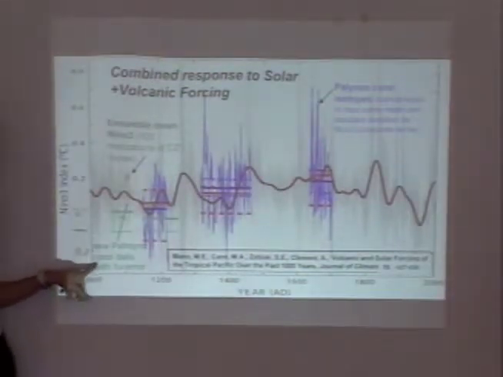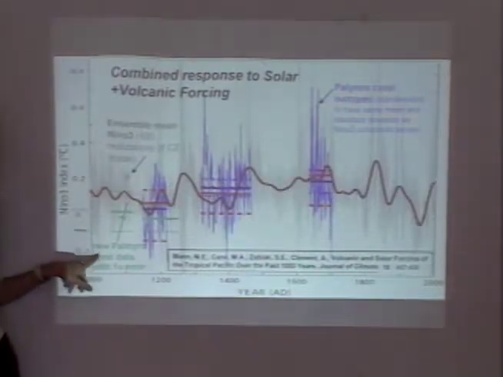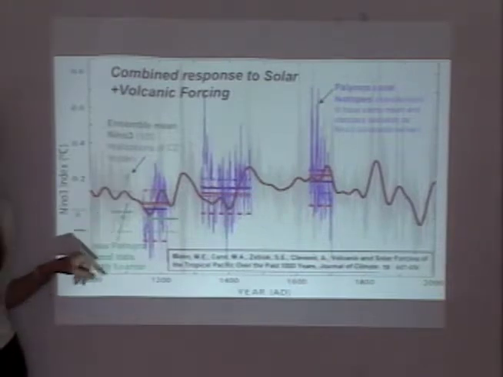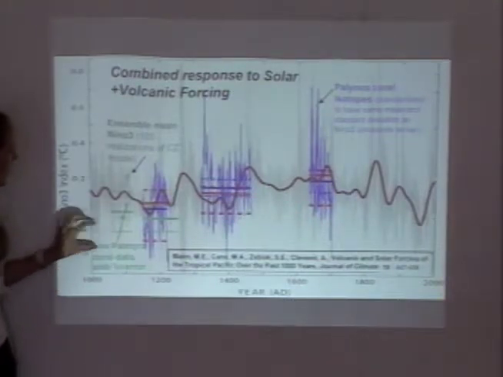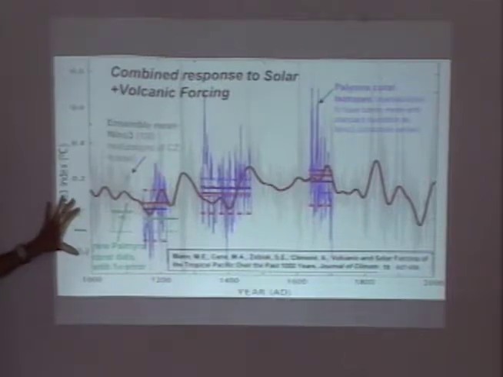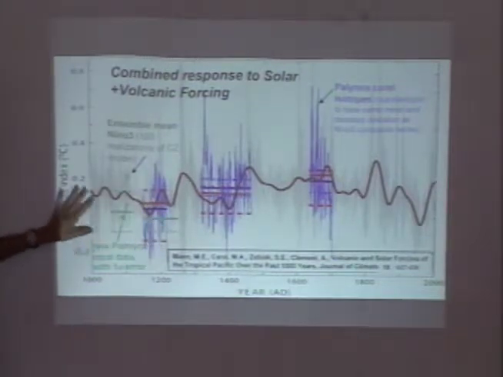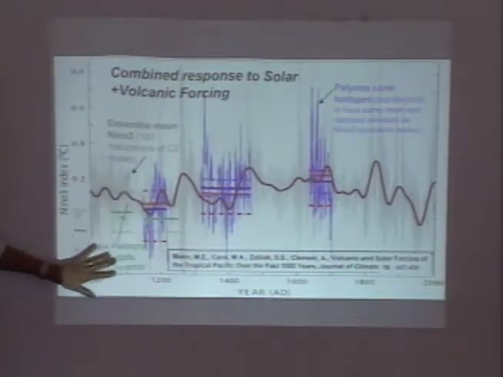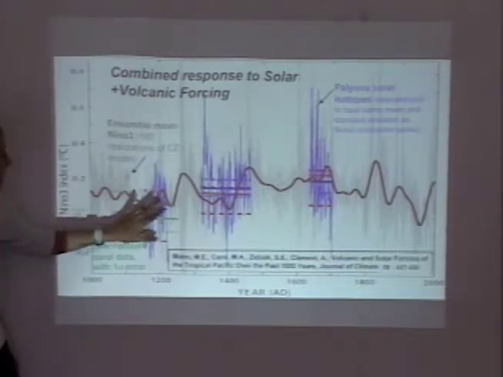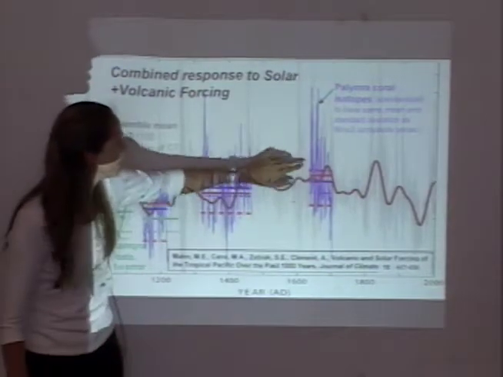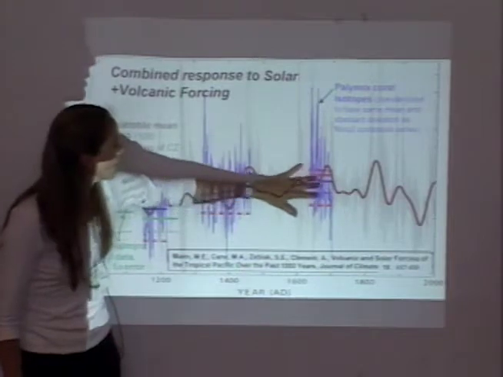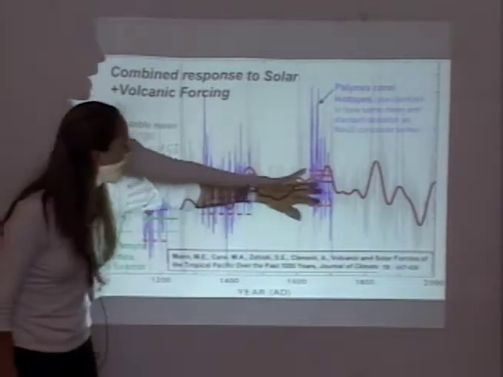So here's the new Palmyra coral data that they didn't have when they published this paper. Your chuckling is not looking so good anymore. And here are my errors, my best guess errors on my ability to reconstruct mean climate, reconstruct Nino 3. What you can see is you have these really cool conditions back in the early part of the millennium, and then these very large El Nino events, and these more average-like conditions.